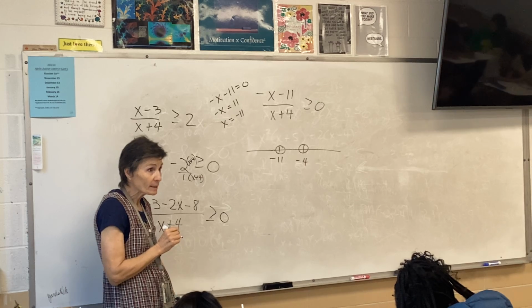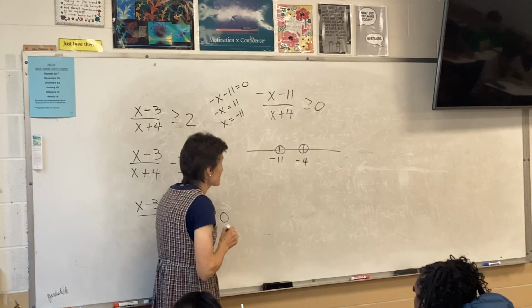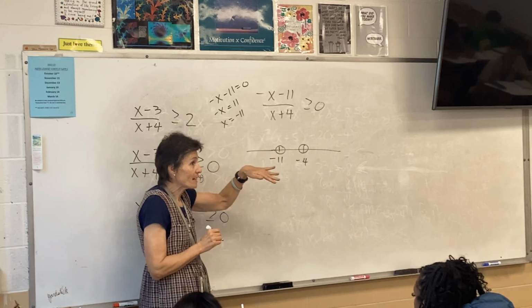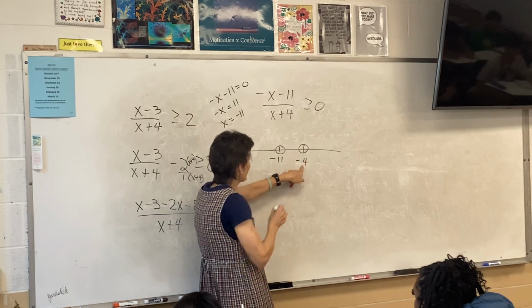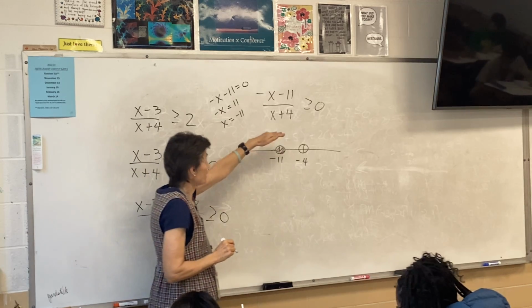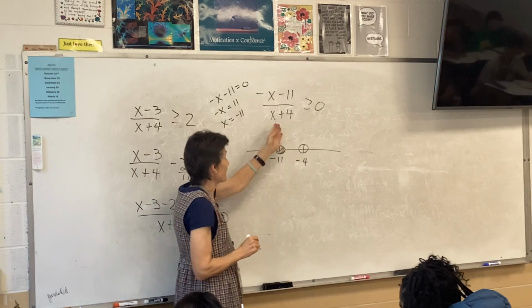Is that okay with everybody? Now, watch the dots. I know it's an or equal to, but the denominator can never equal 0. So that cannot be closed in, but this one should be closed in. A dot that comes from the denominator can't be 0. So it can't be negative 4.